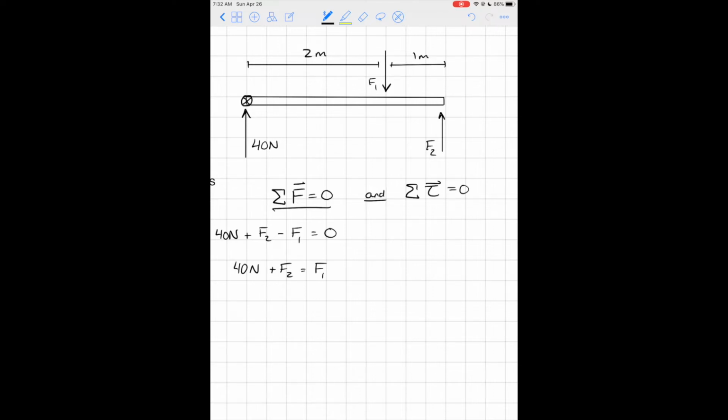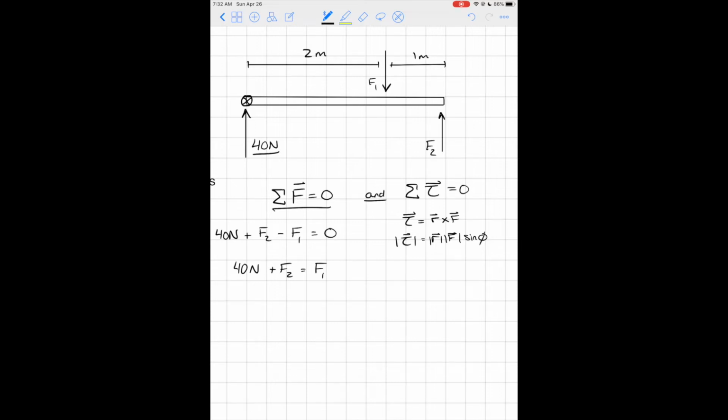So I'm going to place it right here. I'm going to get rid of any torque that the 40 newton force applies by setting that R equal to 0. Remember that torque is equal to R cross F. If I'm just looking at the magnitude of these torques, we can always look at the magnitude of R times the magnitude of F times sine of the angle between those two.